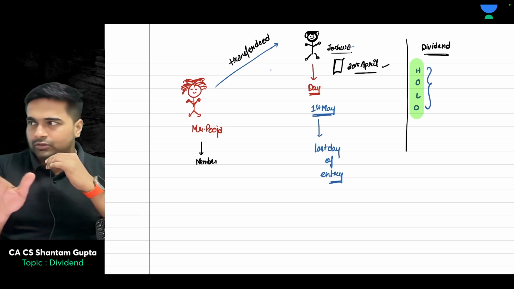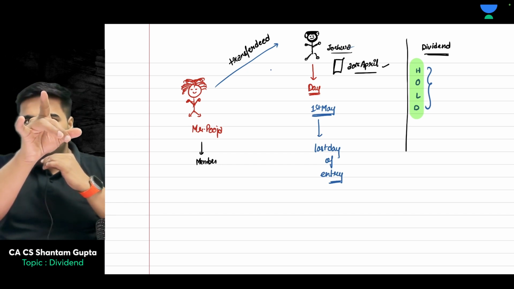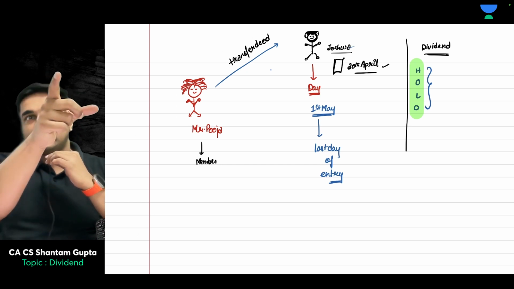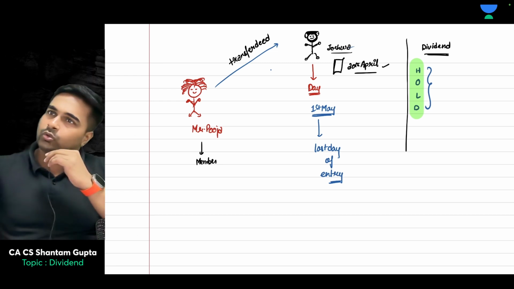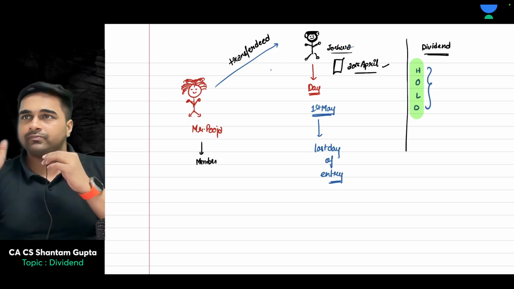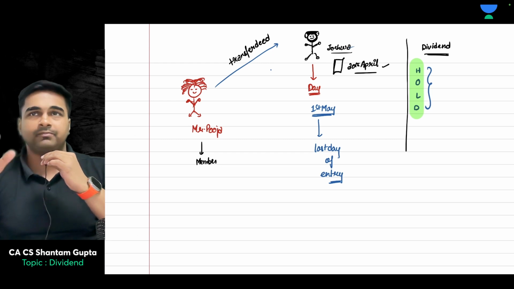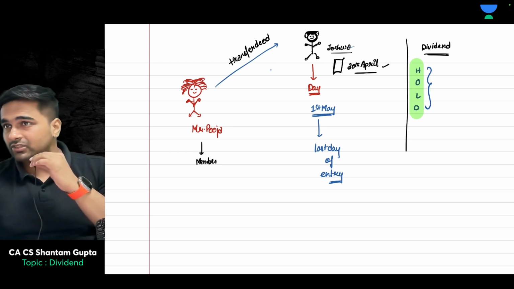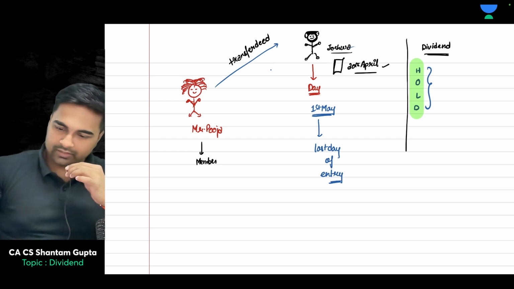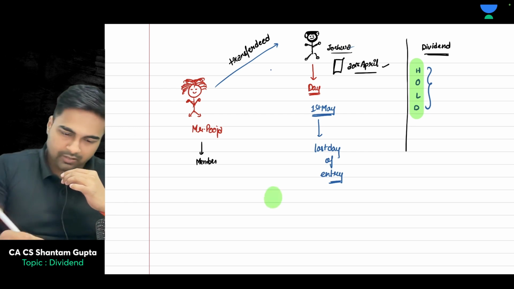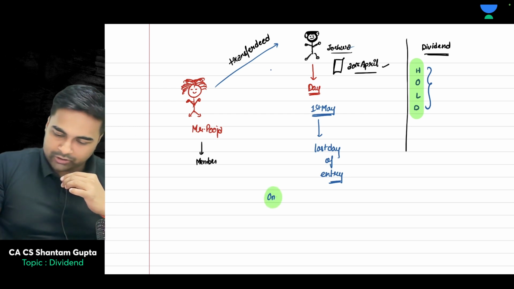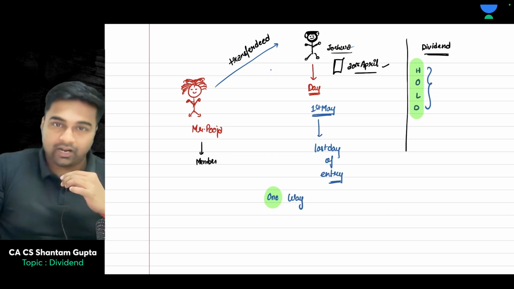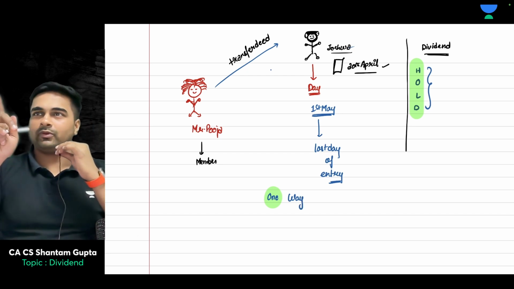Once the books open again, the company will register Joshua, issue him the dividend warrant and give him the right to go and take the amount of dividend which is there. But there is just one way in which Joshua can get the dividend right now. Just one way.